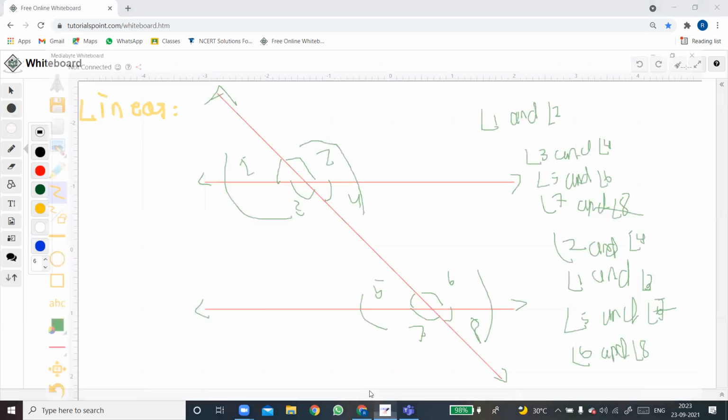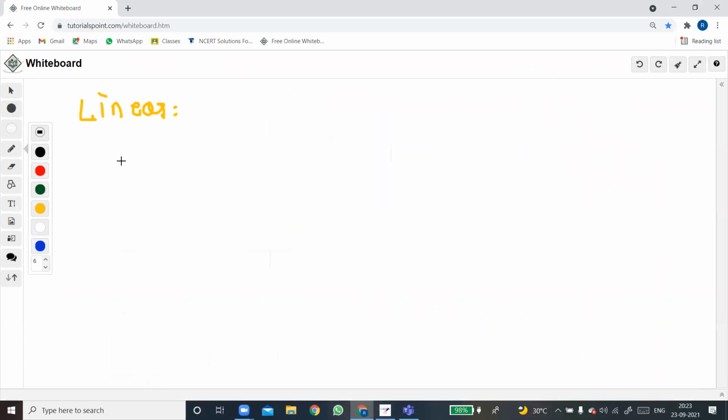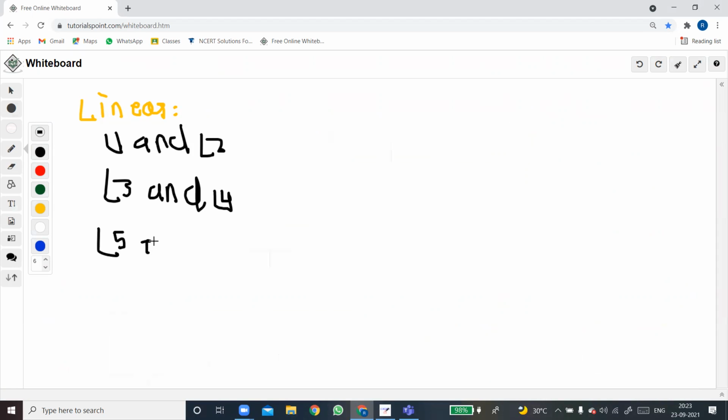So what we have here: angle 1 and angle 2 as we had, and angle 3 and angle 4, I guess, and angle 5 and angle 6, and angle 7 and angle 8.